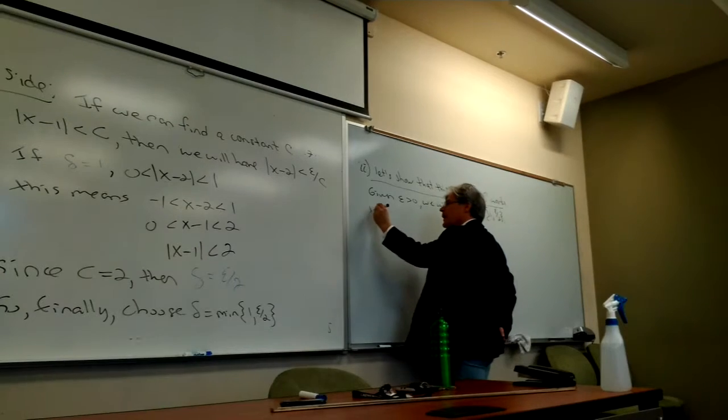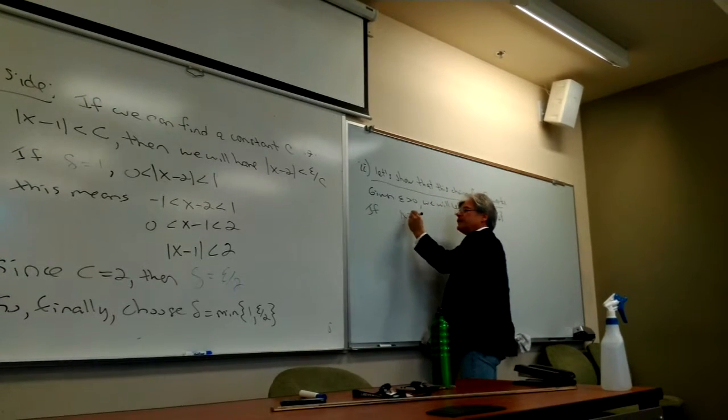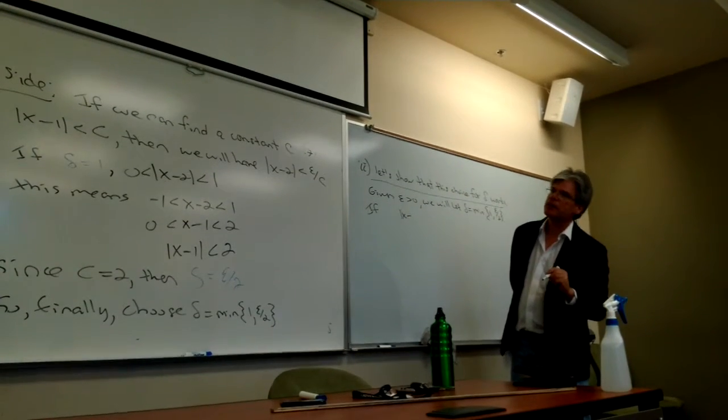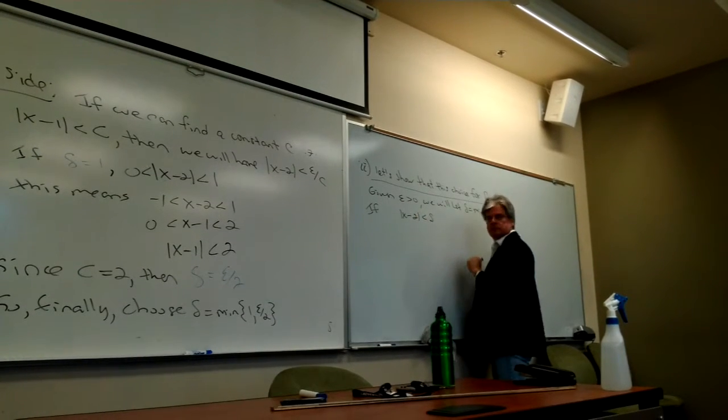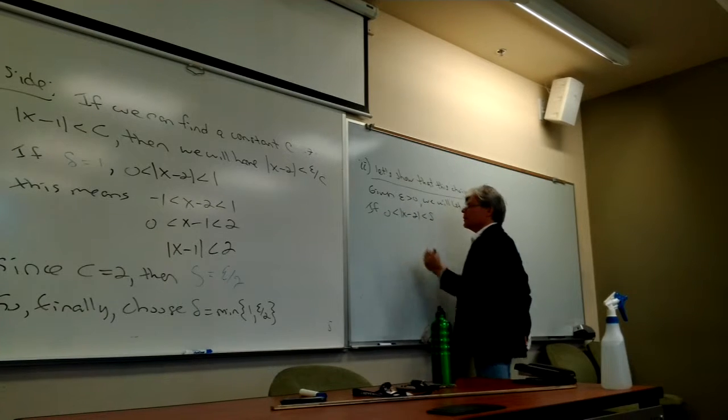Now I make the assumption that the absolute value of x minus 2 is less than delta, but strictly positive.